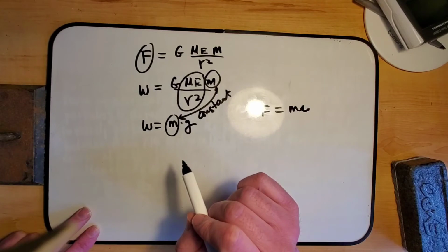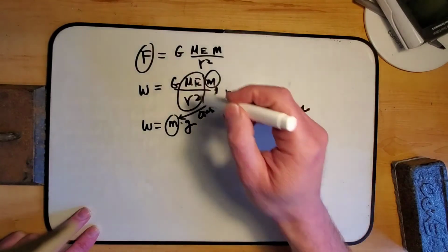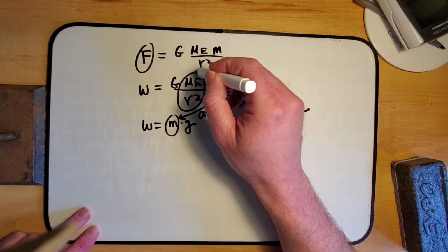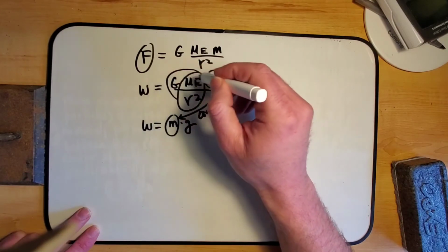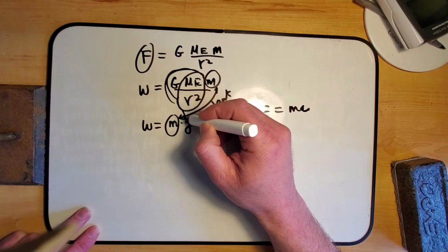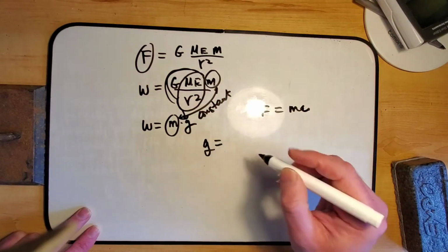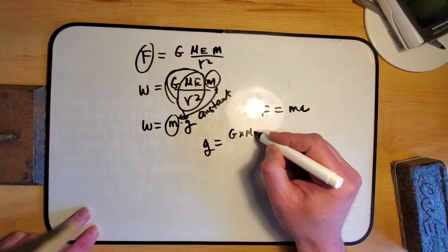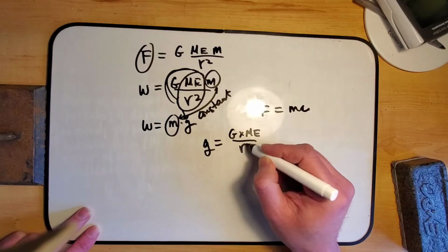Now, I'm going to have to include this component, even though it's a constant here. But when you take these three terms, this is what little g will be equal to. g is equal to G times M sub E divided by R squared.